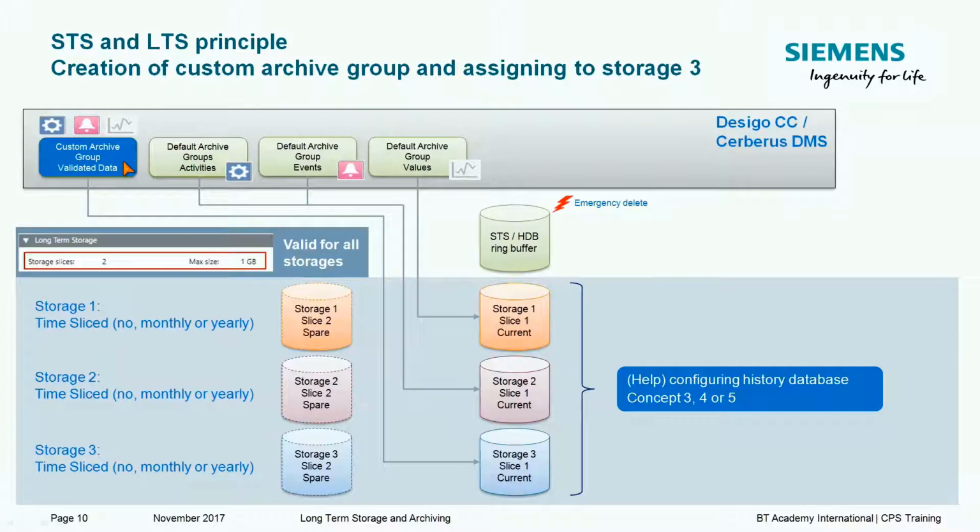The more time-consuming part is to assign specifically those data points to that archive group. Having that as a prerequisite, I can store them in a completely separate storage and make sure that I'm having them treated separately. This is probably, in many cases in validated projects, the request of your customer.